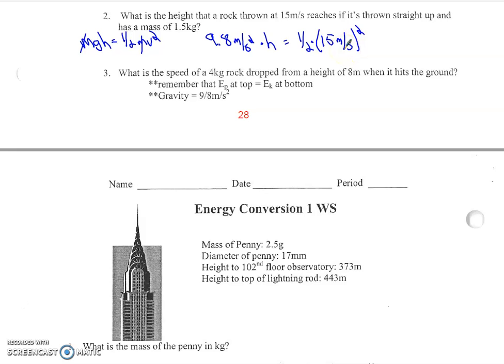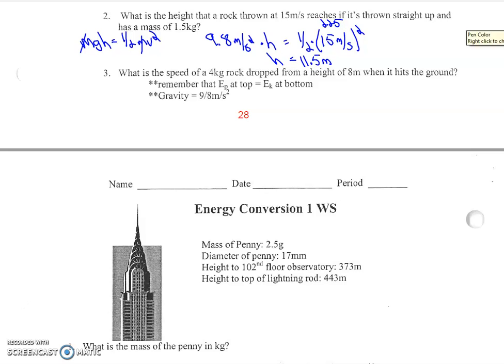So when you do this, 15 squared, when you square that, you get 225. So you have this 1/2 times 225, and what you're going to do is divide by 9.8, because we want to get rid of that, so we divide both sides by 9.8. What you should get for your height then is 11.5 meters.